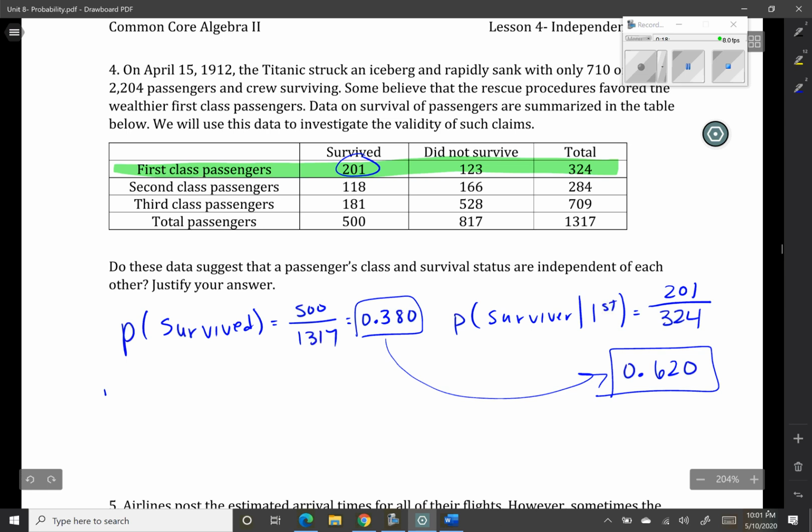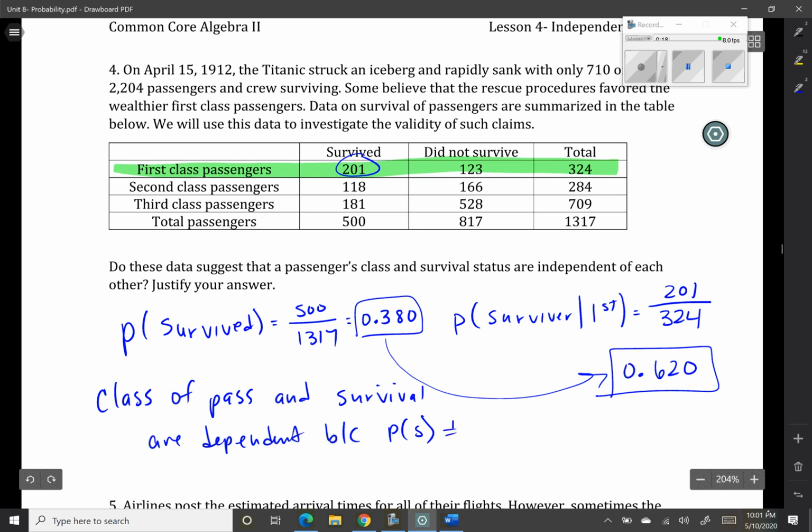So we can say class of passenger and survival are dependent events because the probability of surviving is not the same as the probability of surviving given the fact that you are a first class passenger.